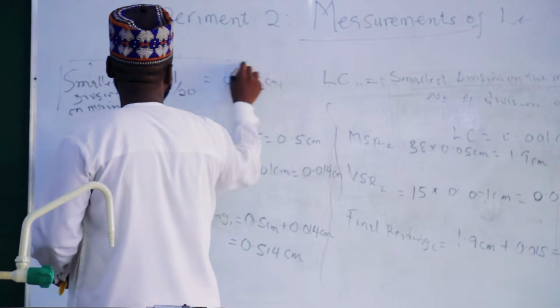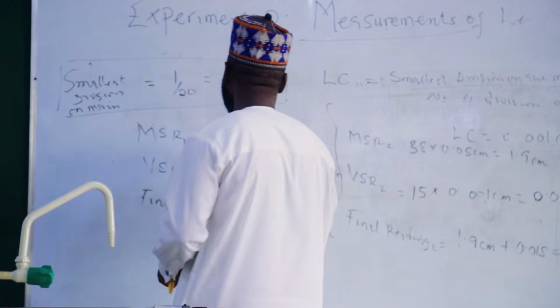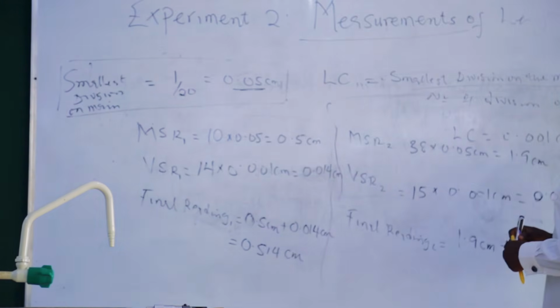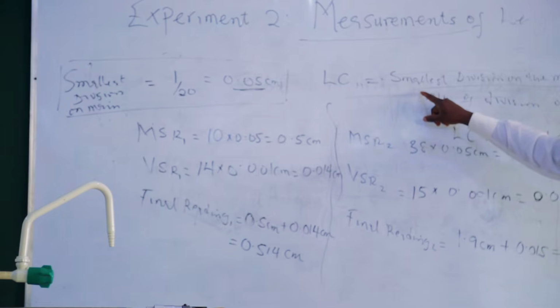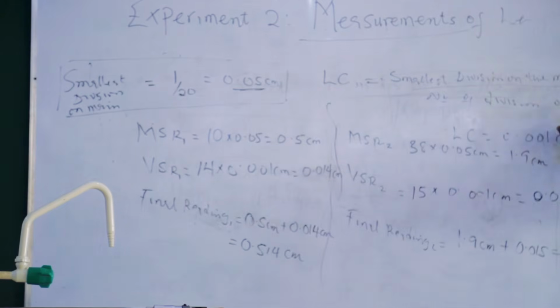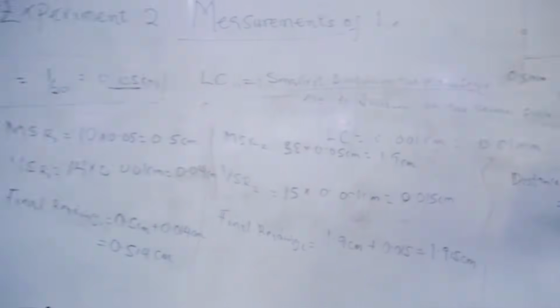So this value is 1 marking on the main scale. We use that to calculate our least count by dividing the smallest division, which is 0.05, by the number of divisions of the vernier scale, which is 50, to give us 0.001 centimeter.